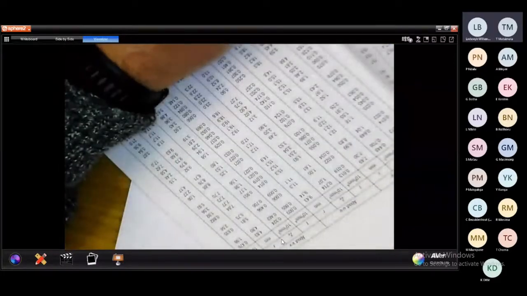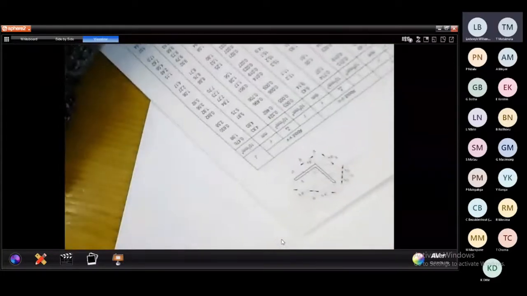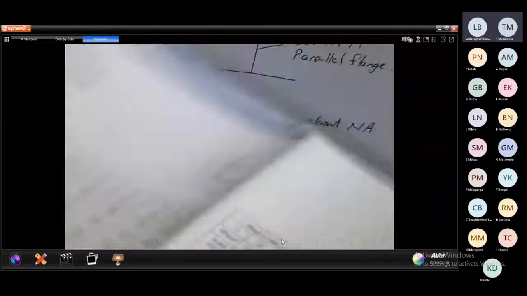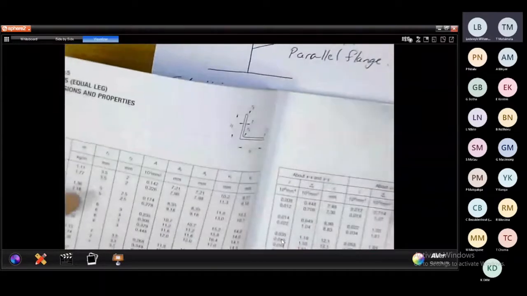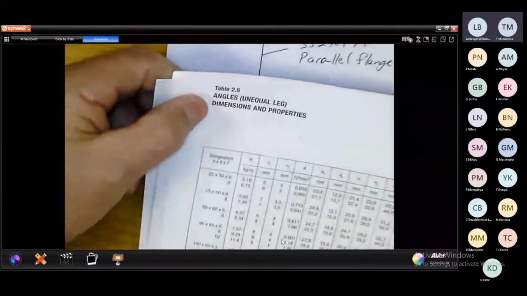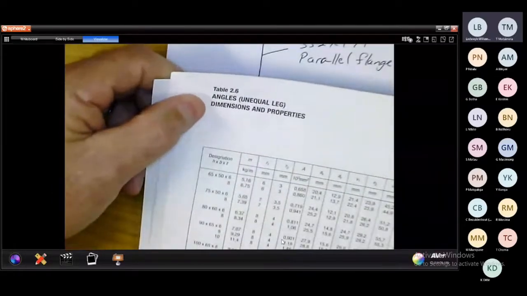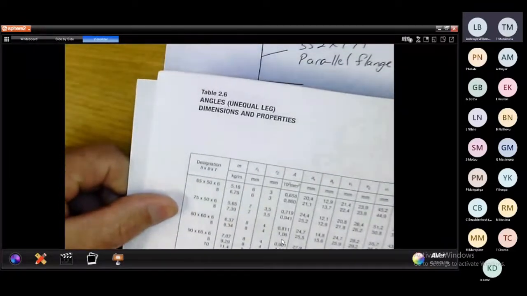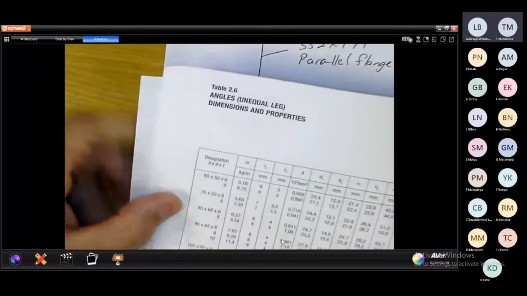It can turn and you can stand like this when you're working through your VV here. But you will come to all those things later on. Then it is still equal legs. And then the last one, which we will be doing on the angles, is the unequal legs. Those are the ones we will deal with this semester.